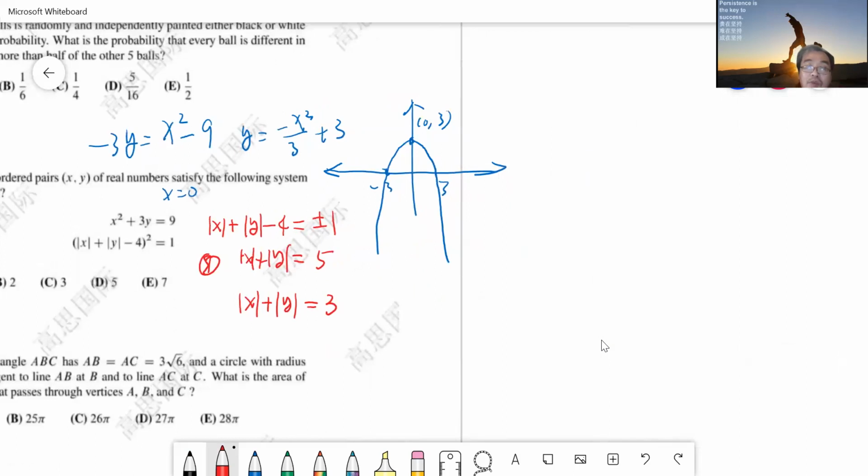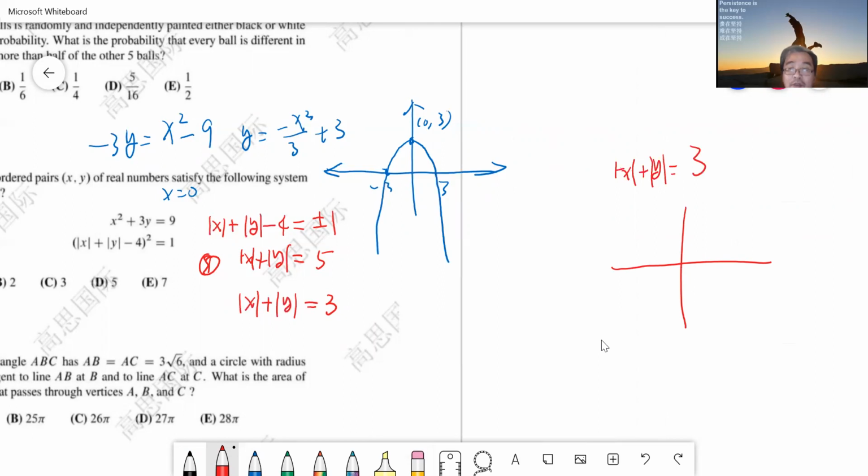Actually, what we're going to do if we want to graph the absolute value of x plus the absolute value of y equal to a constant c, right? This number is always positive, greater than or equal to 0. Then we'll just use the example 3. So suppose we have 3, right?